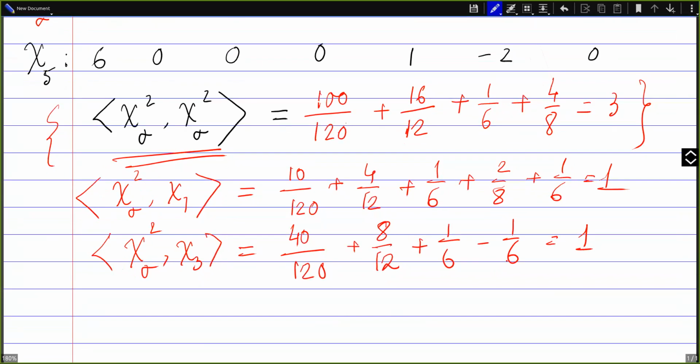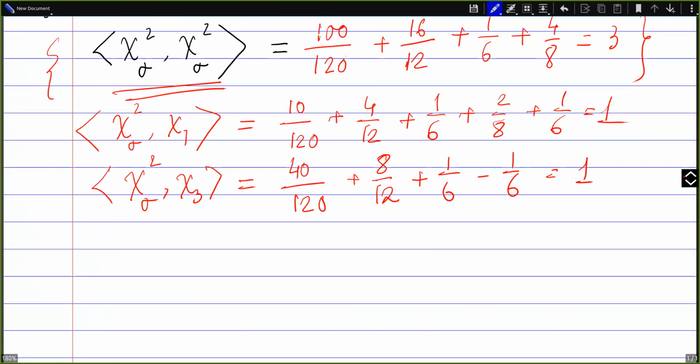So thus we see that chi sigma squared is not an irreducible representation, so it will be the sum of a few irreducible characters.